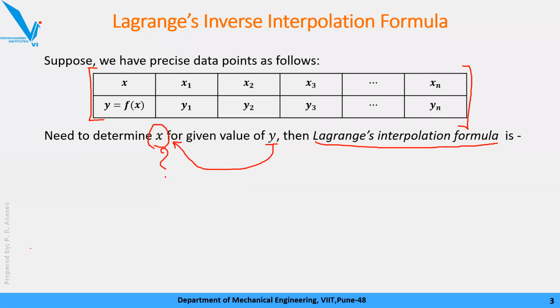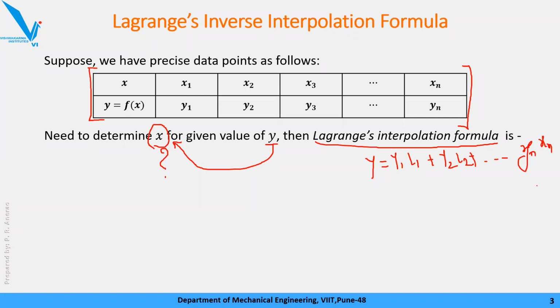We have seen Lagrange's interpolation formula in simpler terms. It was something like this: y equals y1 L1 plus y2 L2 plus dash yn Ln.